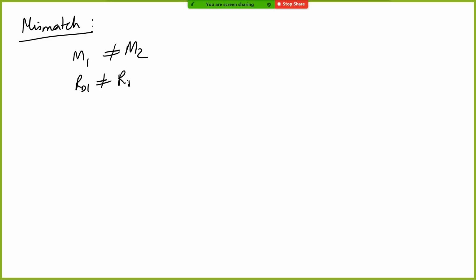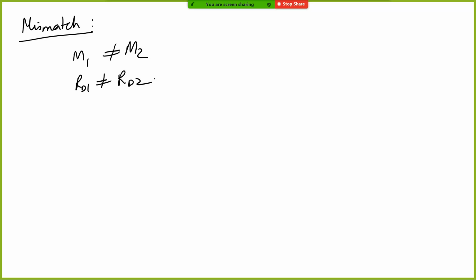Now, till now we have assumed that both sides of a differential pair are exactly symmetric, or they are exact replicas of each other. But from our discussion earlier about mismatch and variation, we know that mismatch happens, and therefore M1 is not equal to M2 and RD1 is not equal to RD2. This happens very commonly because this is something that we expect.